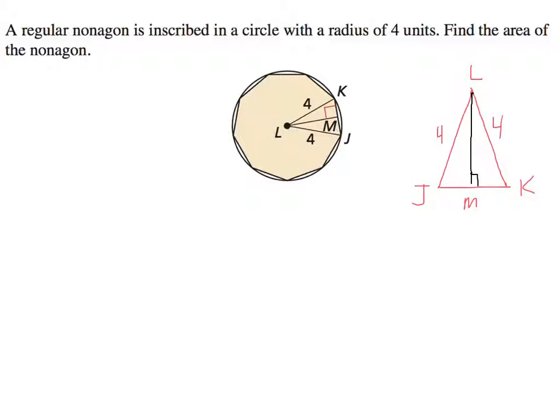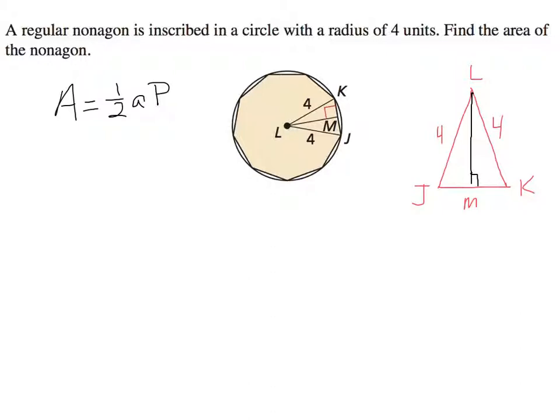Now, to find the area of any regular polygon, remember, this only works for regular polygons, we take 1/2 the apothem times the perimeter. Well, we don't have either one of these. So let's start by finding the apothem.